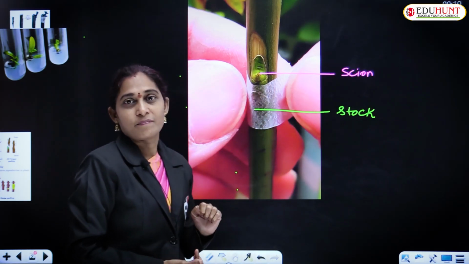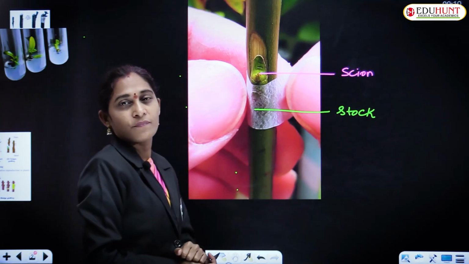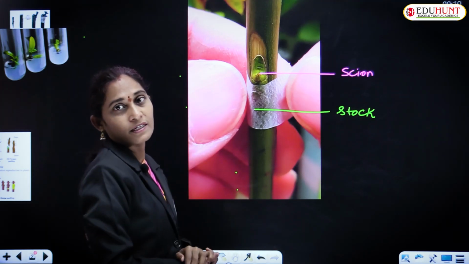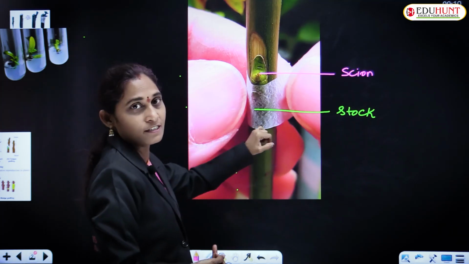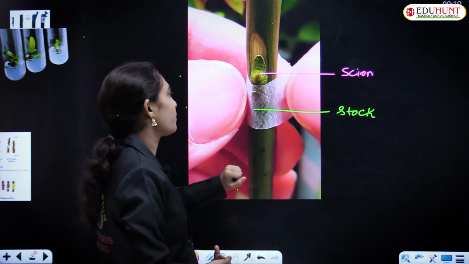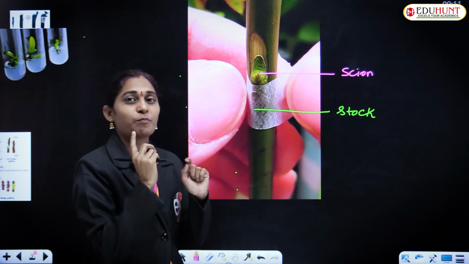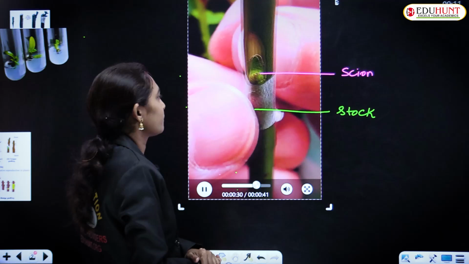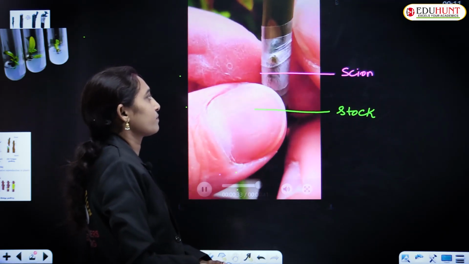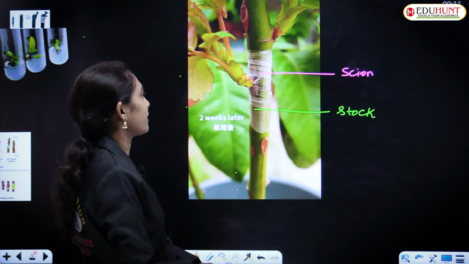A piece of stem with nodal region is removed from another plant and it is inserted in the incision made in the stock. Now, the joint is sealed with the help of a tape. This is a grafting technique.